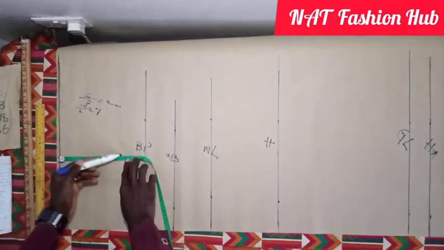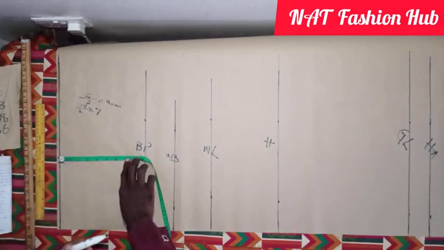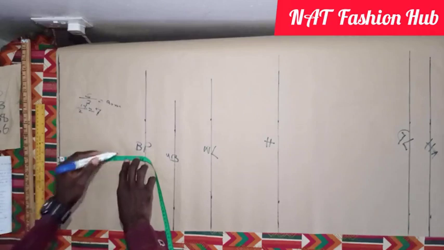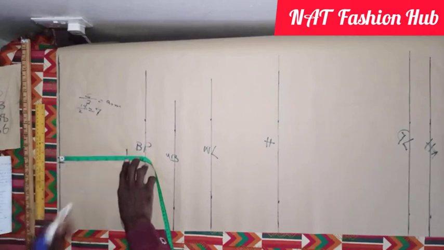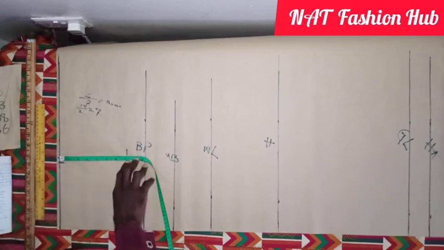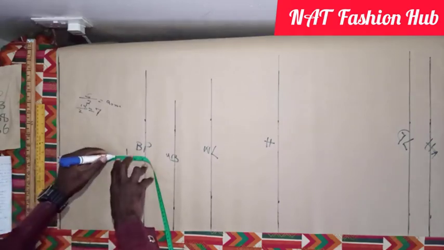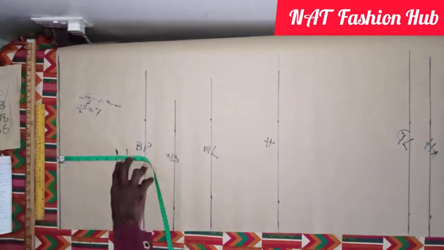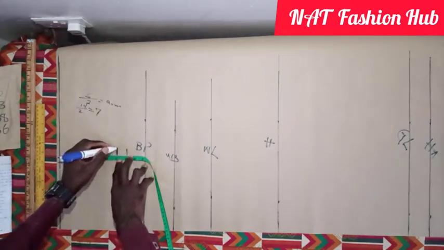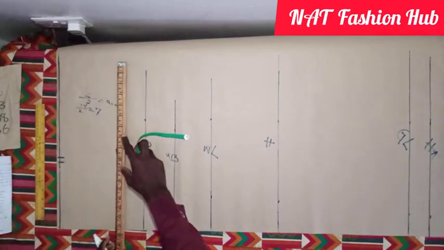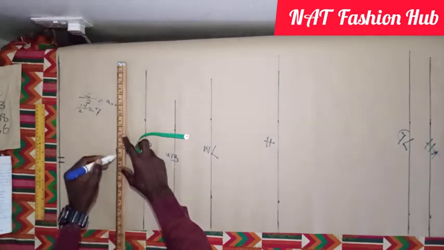But we're not going to use this 7 completely, because if we use 7 completely, by the time we cut this pattern, the arm will be too wide. So we're going to minus a minimum of 1 inch from this 7. So we're going to be using 6. Just stay with me. We are going to mark our arm.